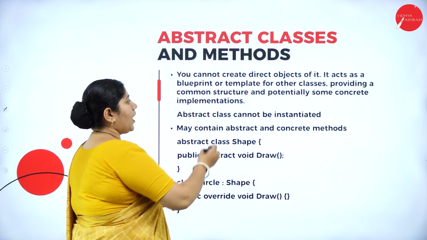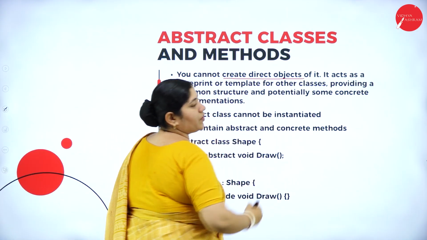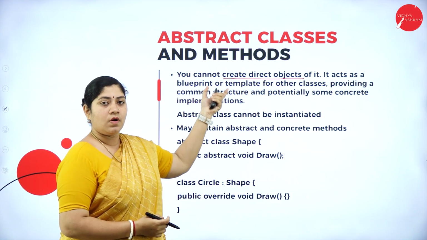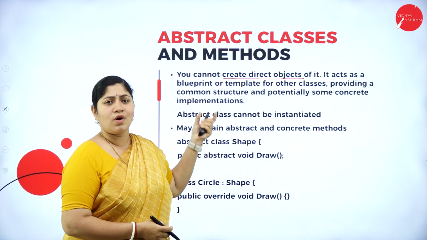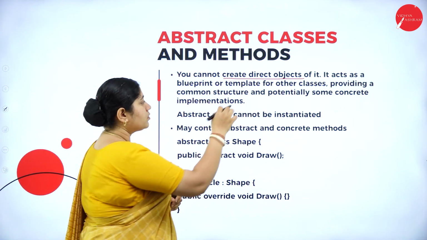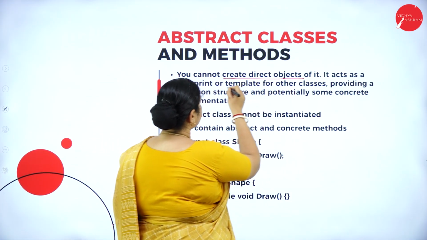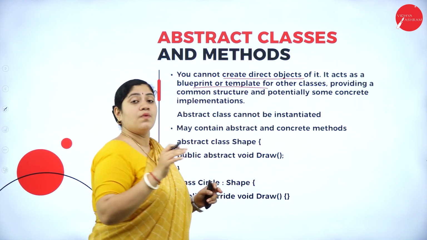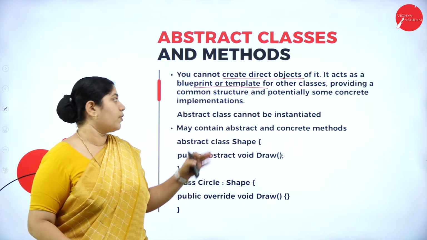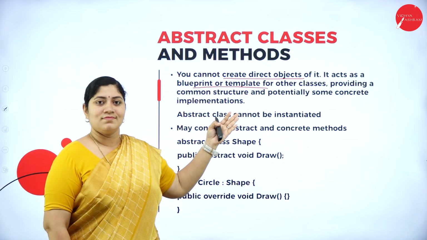Over here, we cannot create direct objects of it. We can say the abstract class or the abstract method forms a blueprint, okay? So yes, this has to be noted. It forms a blueprint or a template for other classes, providing common structure, correct, right?